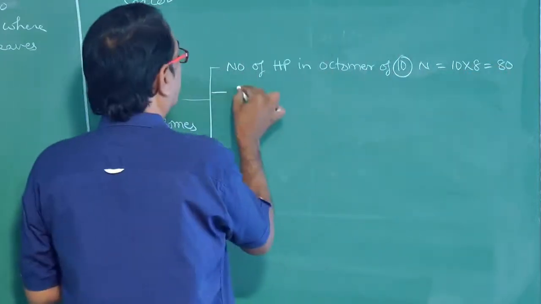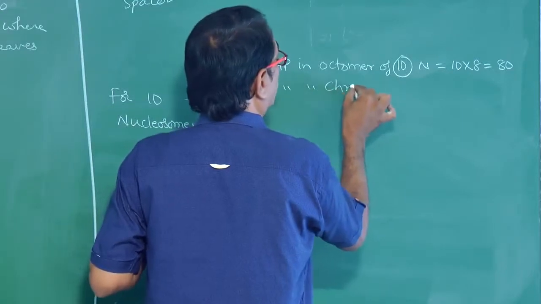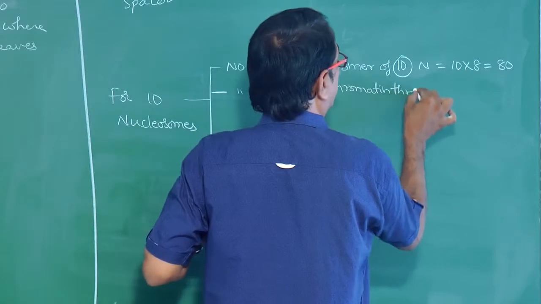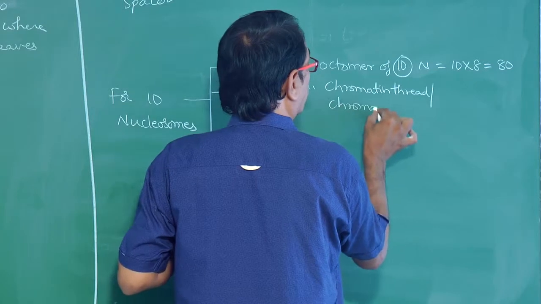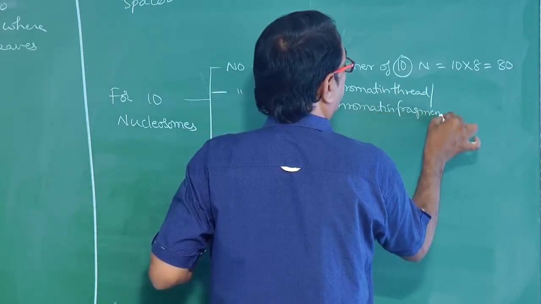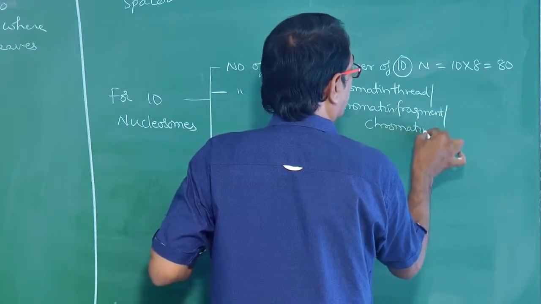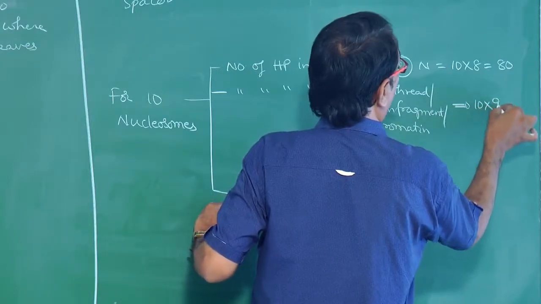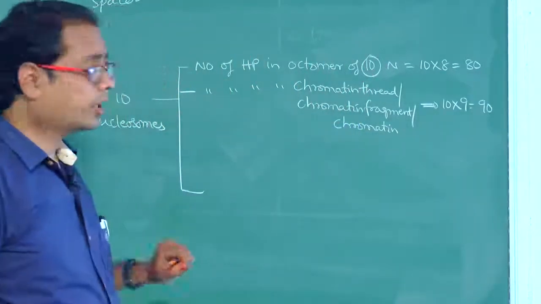80. Number of histone proteins in a chromatin thread or chromatin fragment or simply chromatin, then we have to say the outside one is also calculated. 10 into 9.